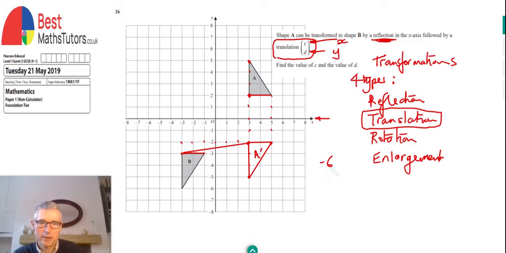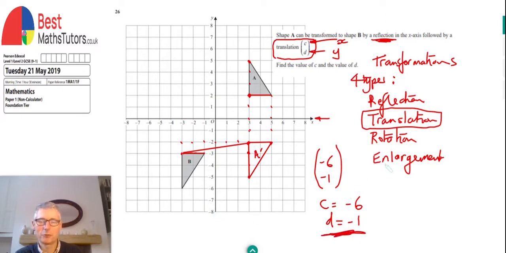So we've moved by -6 in the x, and because we've moved down by 1 in the y, that's -1. So that is the vector that we've moved by. So that's the translation. So we could say that C is equal to -6 and D is equal to -1. And we've done it.